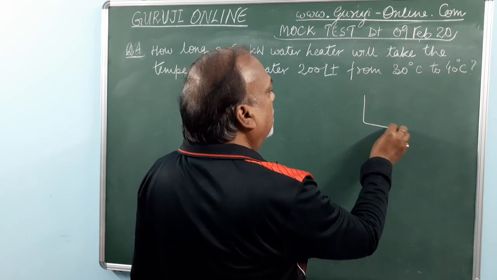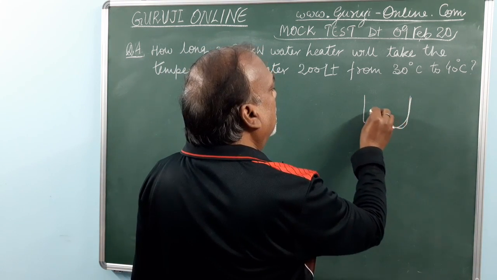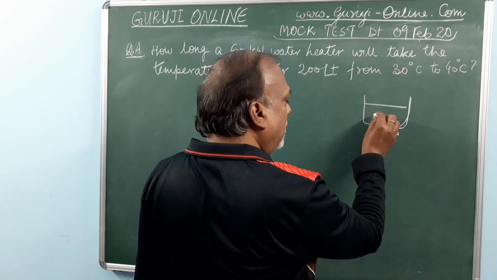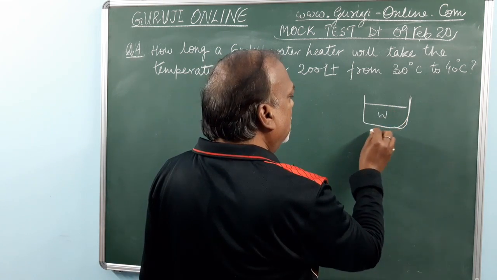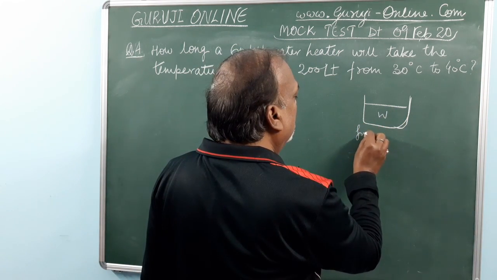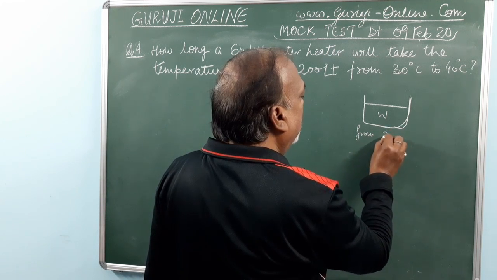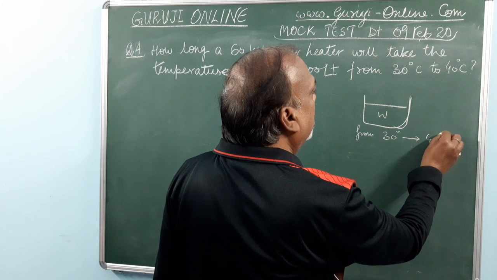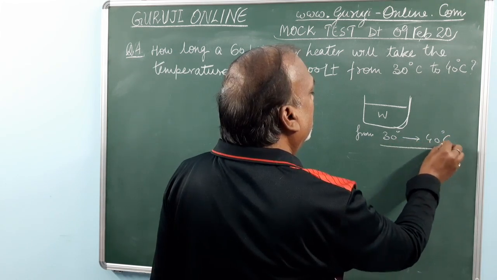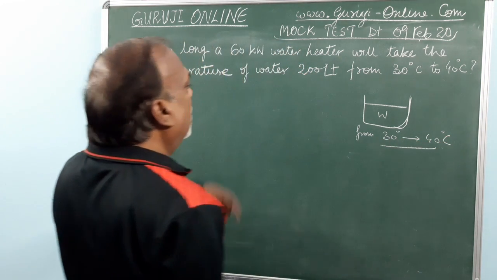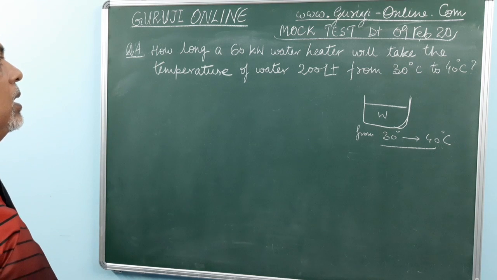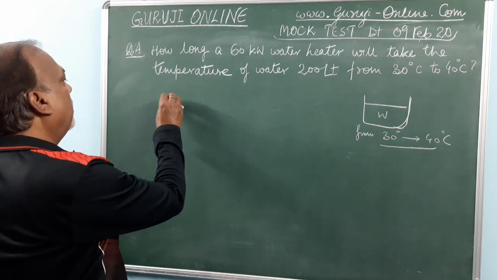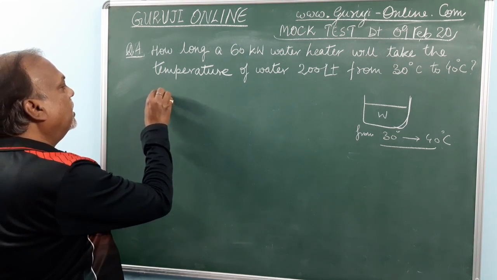Water is there. You have to raise the temperature of this water from 30 degree to 40 degree, and you have a water heater of 60 kilowatt power. That is P is equal to 60 kilowatt.